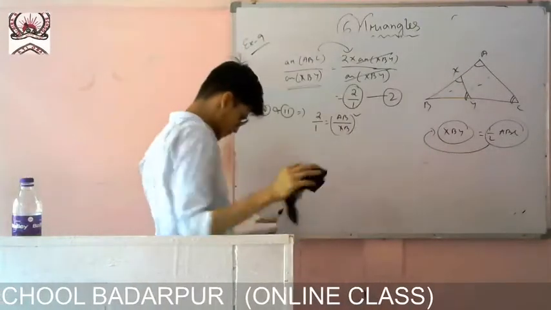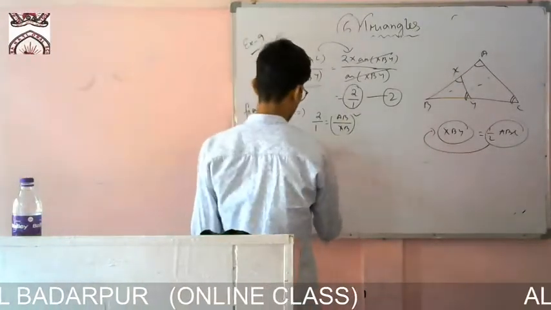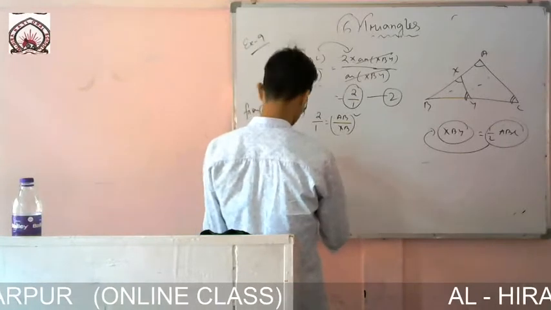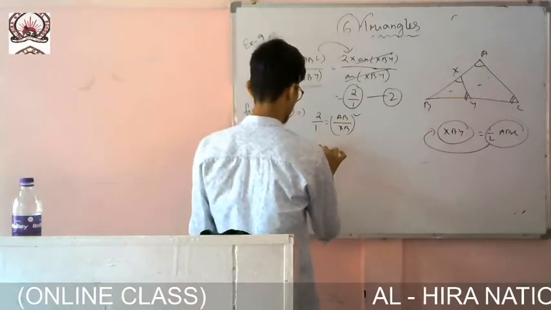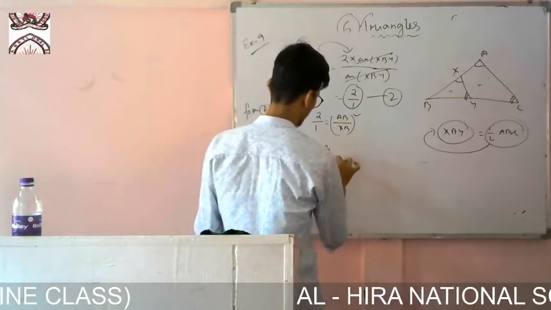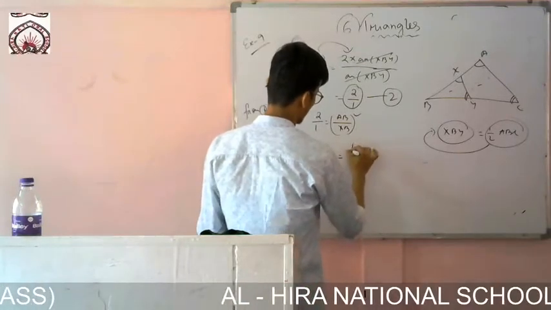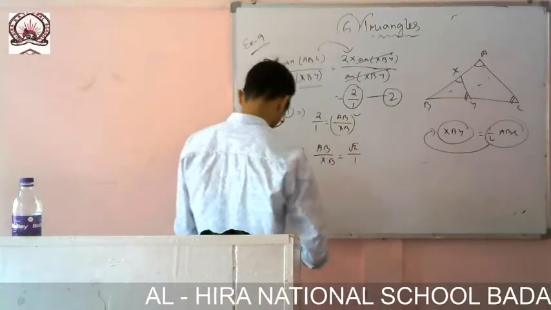Now I will go on solving. A square is there, so if I change the side it will be root. So AB by XB will be equal to root of 2 by 1, that is root 2 by 1.